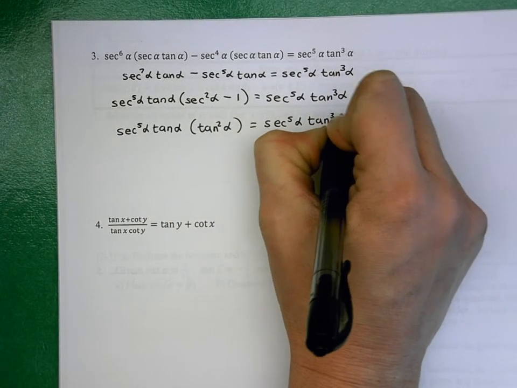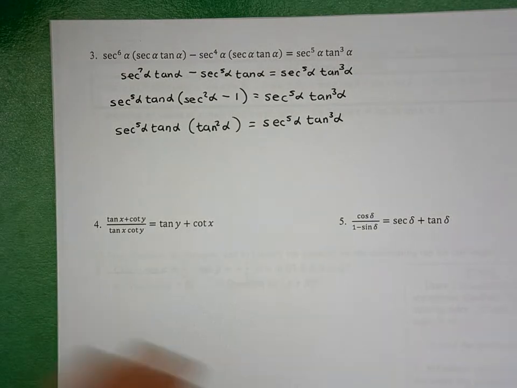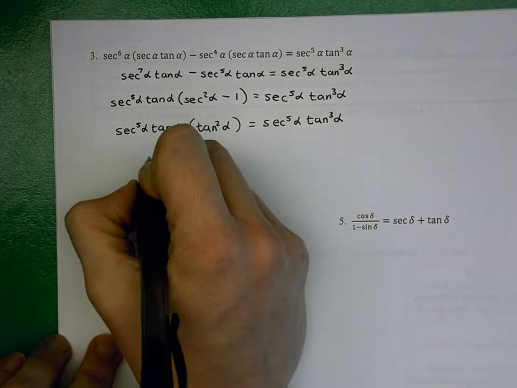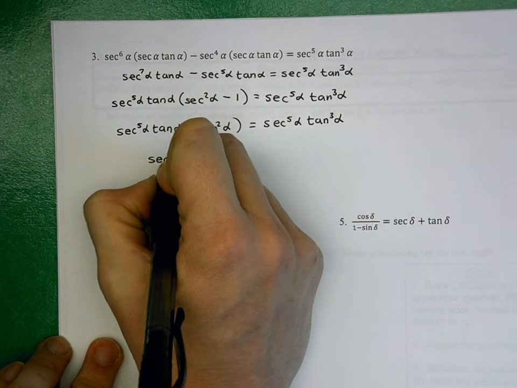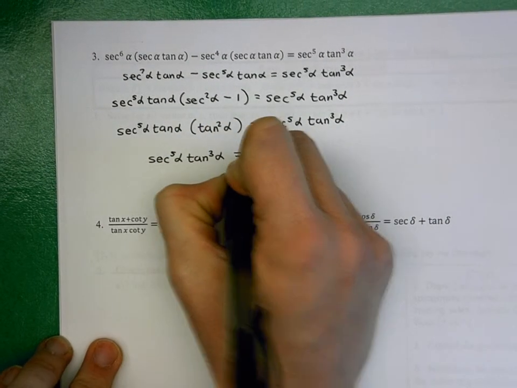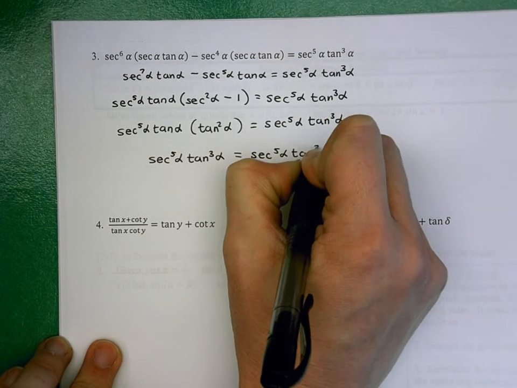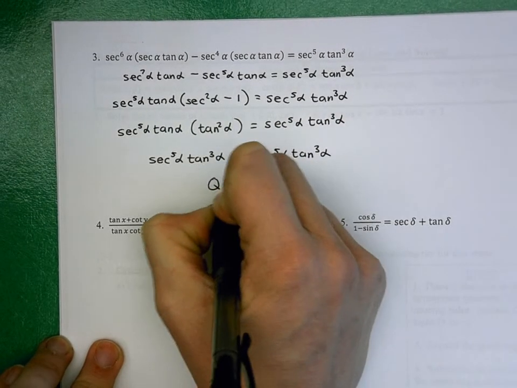I'll take a step back and look at it. And yes, it does, right? I know what tangent alpha times tangent squared alpha is. Tangent alpha times tangent squared alpha is tangent cubed alpha. And I've now gotten my left to match my right perfectly, and my proof is done.